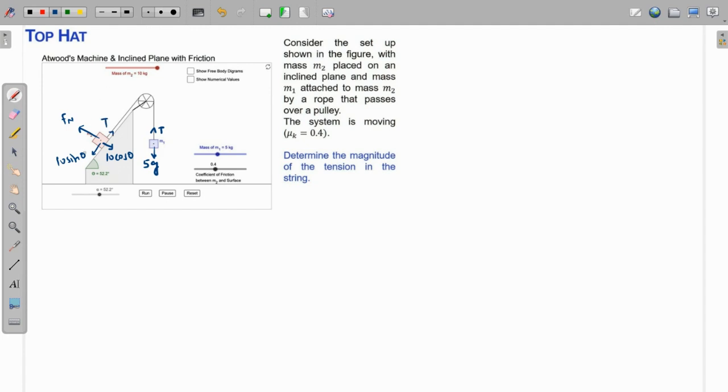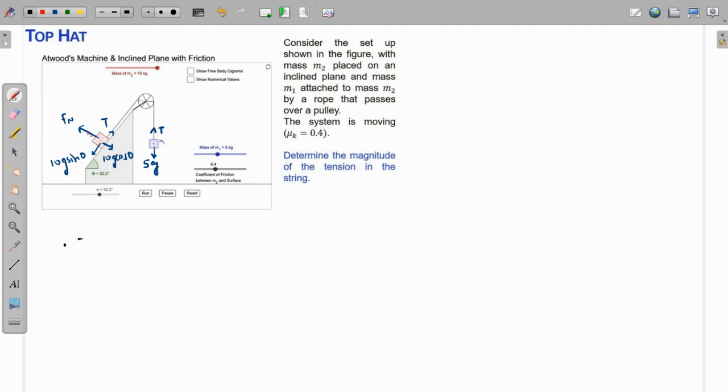So we need to find which pulling force is higher: 10g sine theta or 5g.